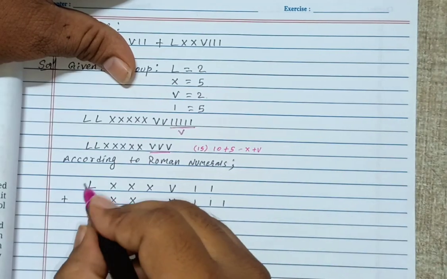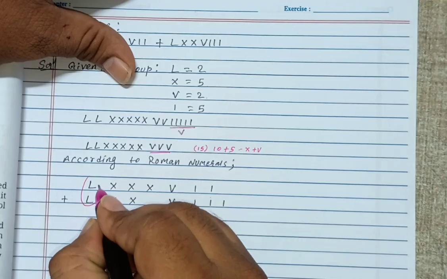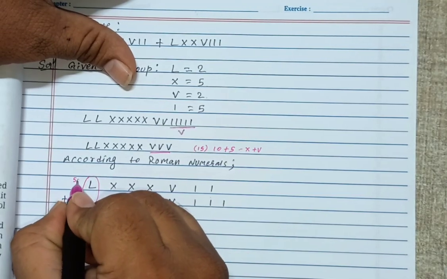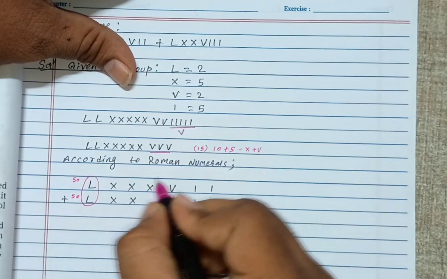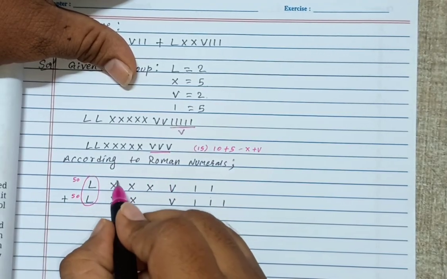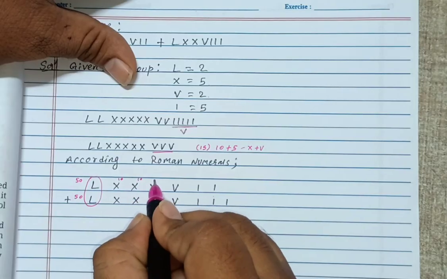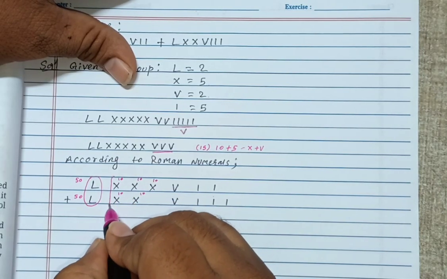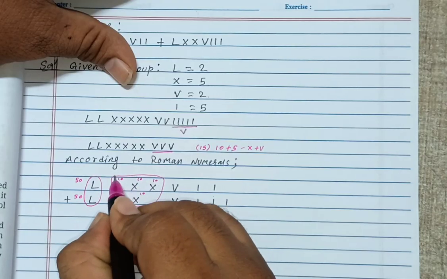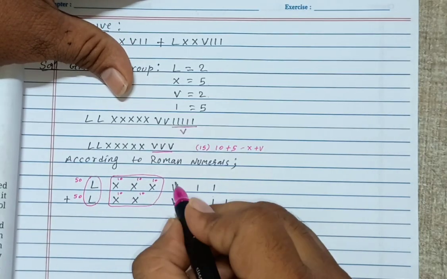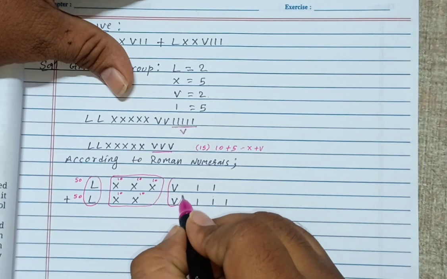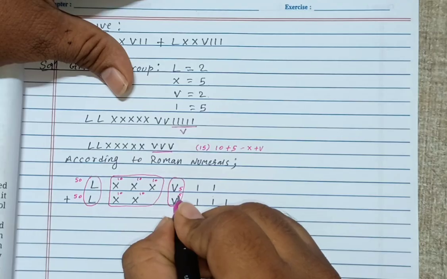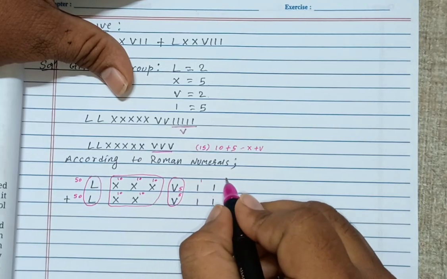So now by making this L and L, we can say that L is nothing but 50, right? So I'll write here 50 plus 50, right? And then here X is represented with 10. So 10 means how much? 5 again in a group, that is 50. Then V is represented with 5, right? And here I, that is 1.